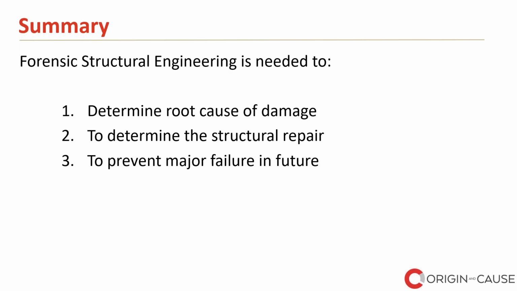And it's very important to determine the root cause, first of all to determine the coverage, but more importantly, to determine the proper structural repair and to prevent major failure in future.